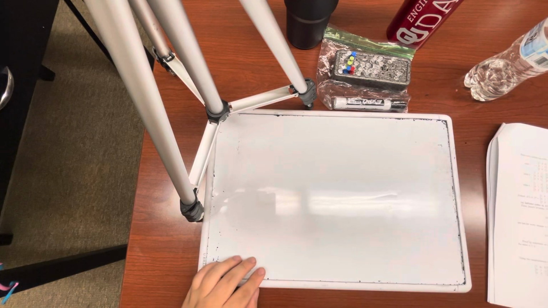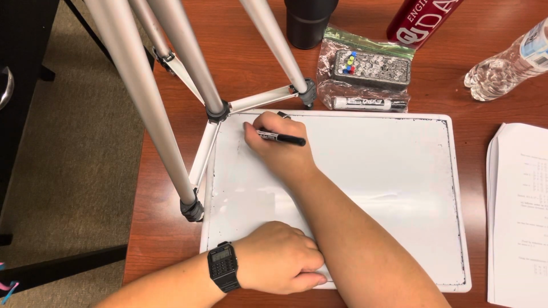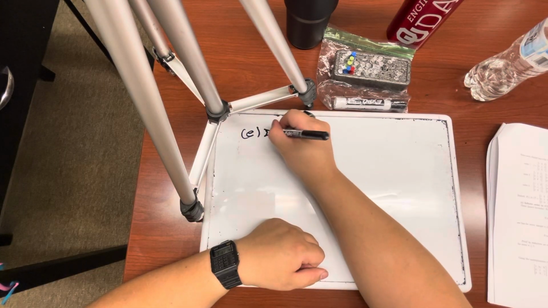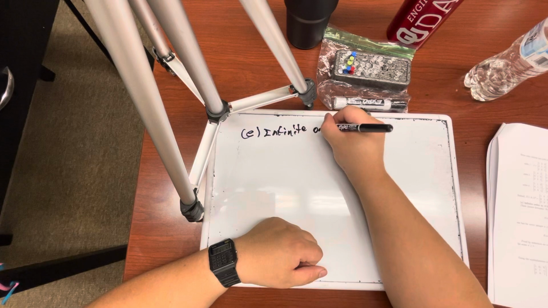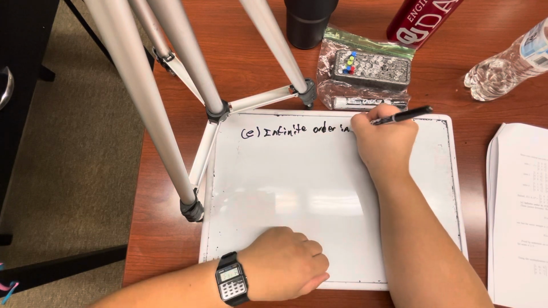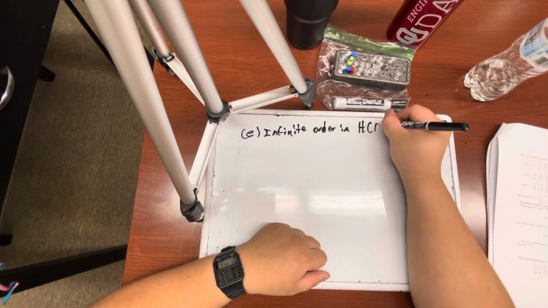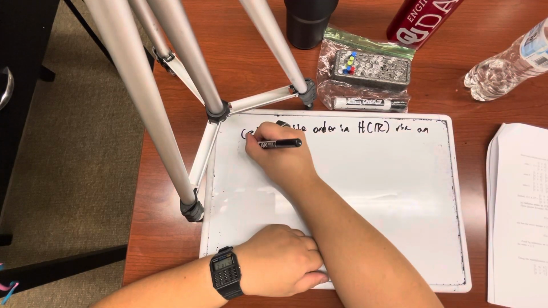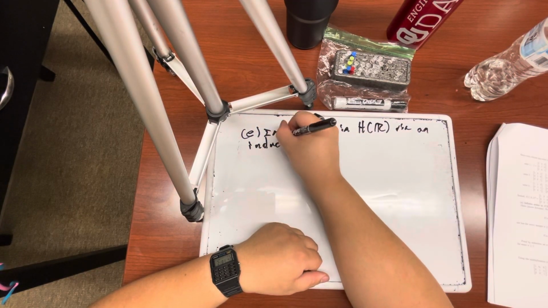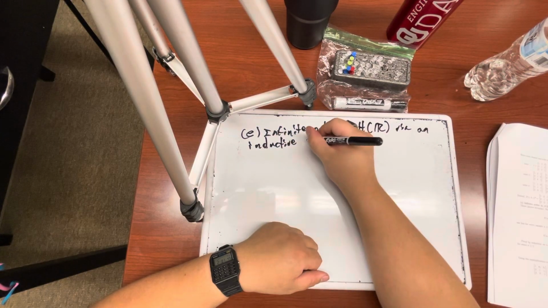Quite a task, right? So for E, let's see, infinite order in H over the reals via an inductive power formula.